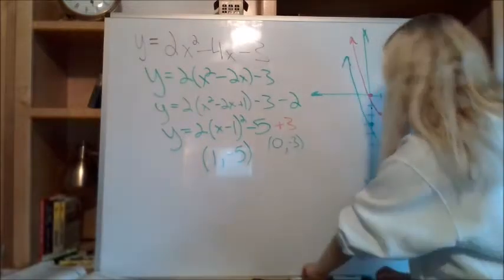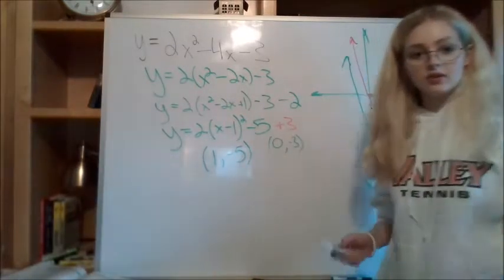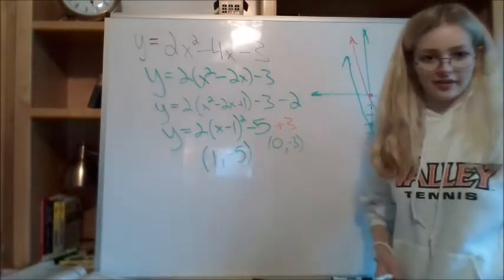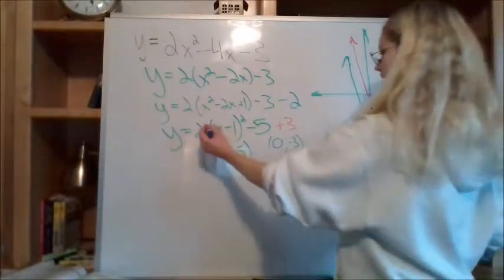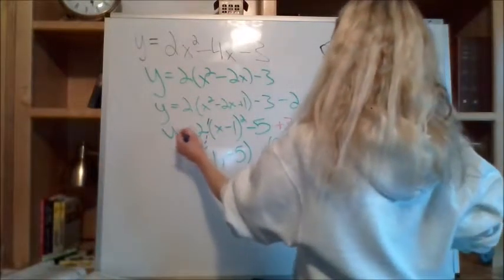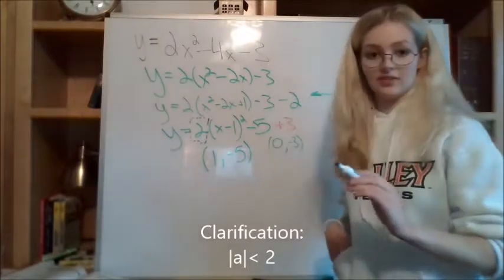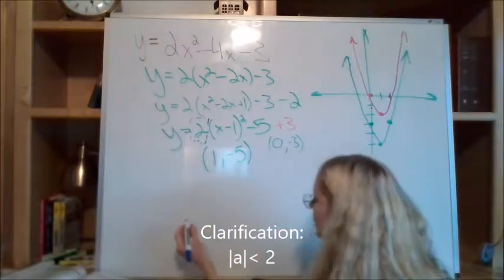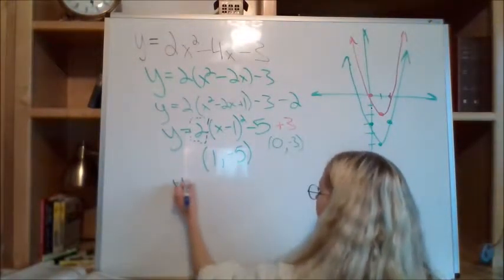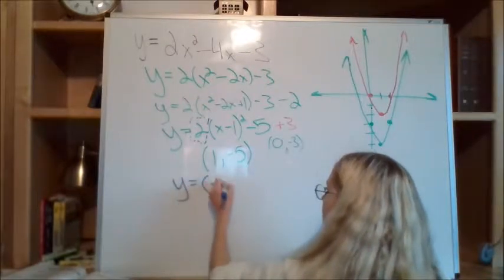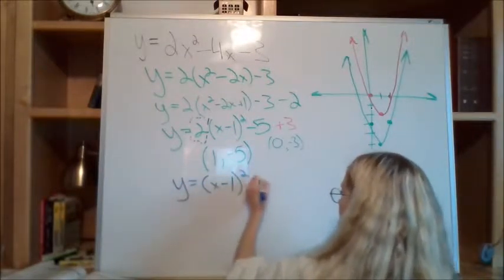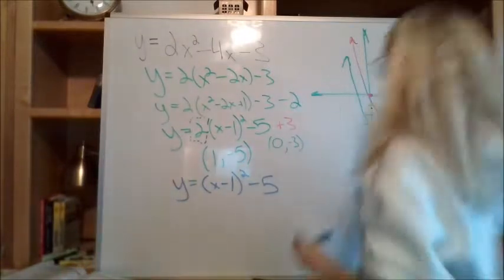And then, what happens if we want to shrink this vertically? Well, all we need to do is make this number, the 2 here, less than 2. So what happens if we just made it 1? Y equals x minus 1 squared minus 5.